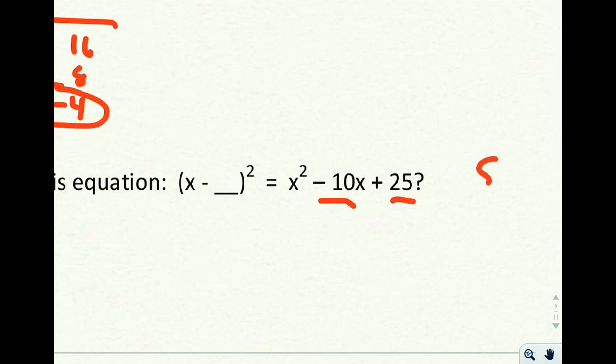Well, we know that 5 times 5 is 25, and 5 plus 5 is 10, but negative 5 plus negative 5 would be negative 10. Fortunately, making the negatives there doesn't change the 25 part. Negative 5 times negative 5, just like positive 5 times positive 5, is going to equal a positive 25. So the answer that we're looking for here is 5.